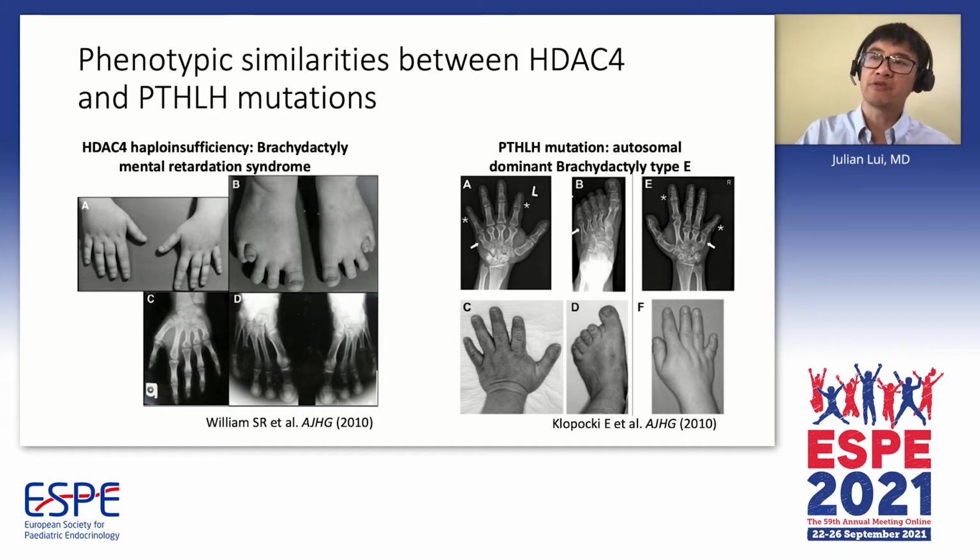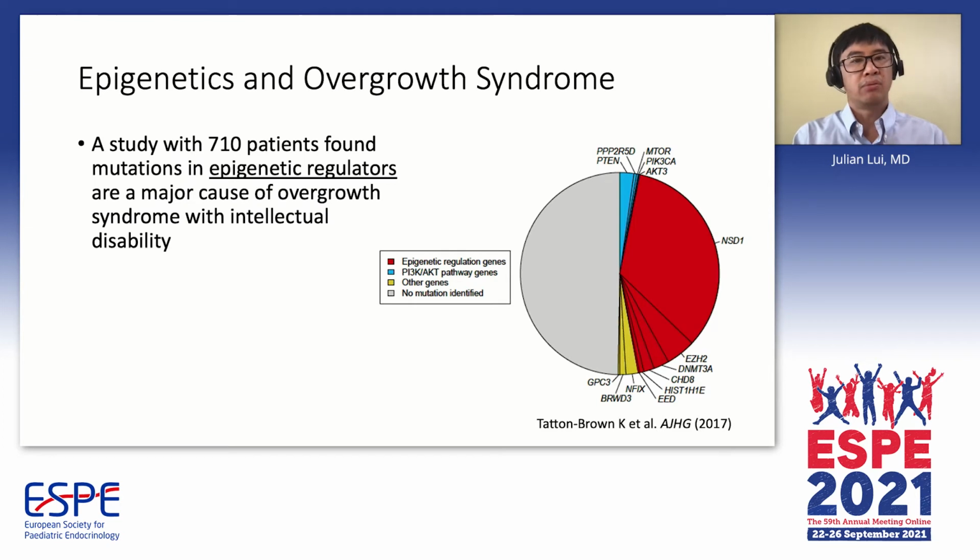Now, I think HDAC4 provides us with a very good example of how an epigenetic regulator can play an important role in the growth plate. But more recently, a lot of attention has been given to the connection between epigenetics and human overgrowth syndrome. And so I'll spend a large part of my talk focusing on this.